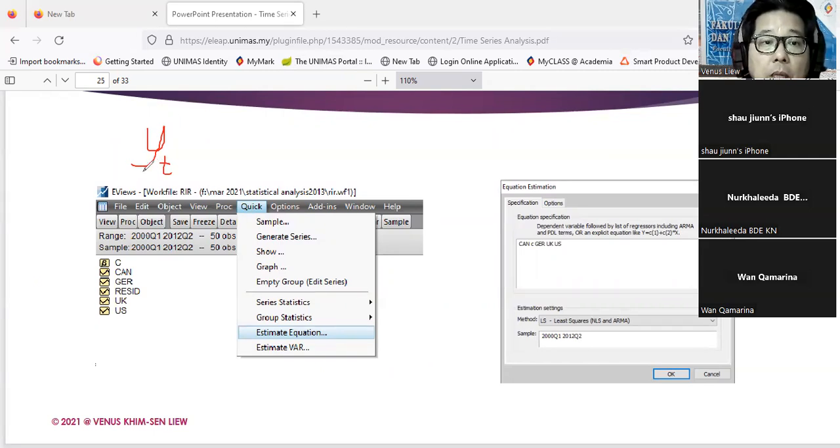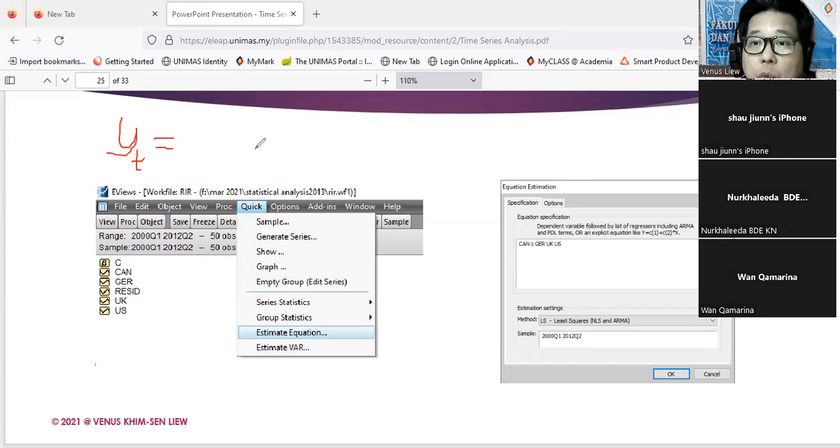Normally we put y for the UK here, or you just use other symbols: UK is y, US real interest rate is S, Germany interest rate is G. That will simplify your symbols.